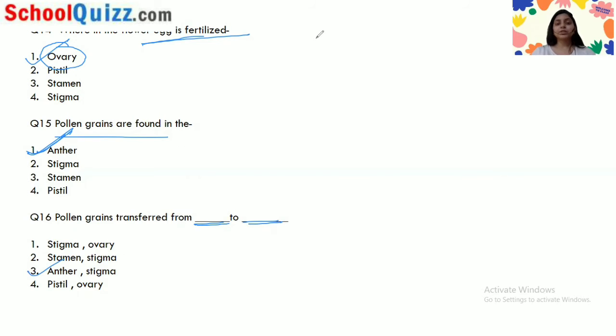Basically, we have this. This is the filament. This is the anther. This is the ovary. This is the style. And this is the stigma. The anther has the pollen grains and they are transferred from the anther to the stigma because the stigma is sticky, so it can catch the pollen grains whenever they fall on it.